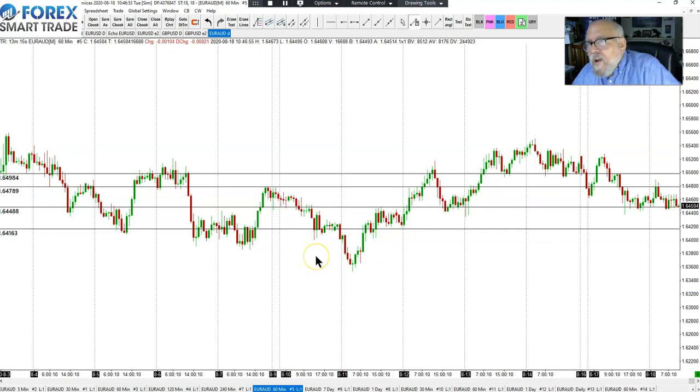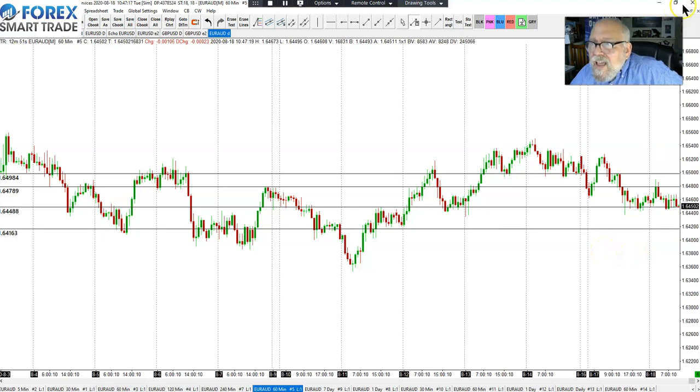I don't want to take a trade as we're approaching a support line because the chances are it's going to stop and bounce. And you can see it came down, it bounced, came down, hit again, came down, hit again. Taking a sell on this side of the line, we've got no pips. So I do not like this as a sell right now.